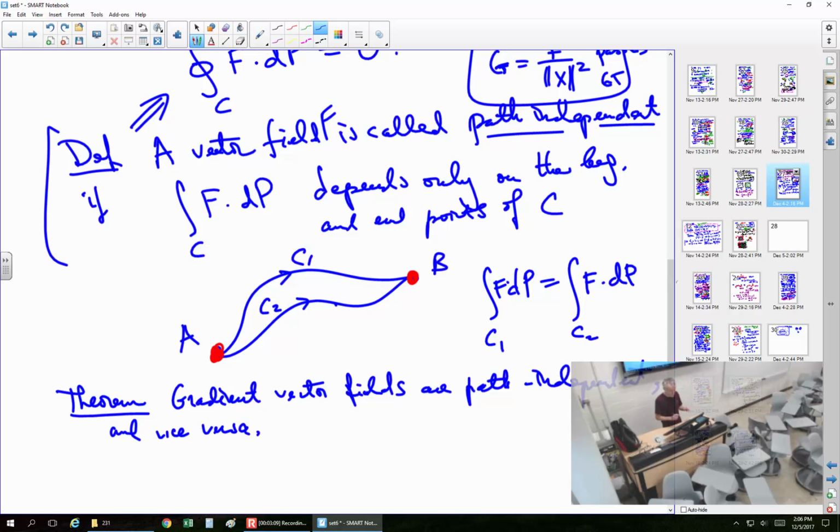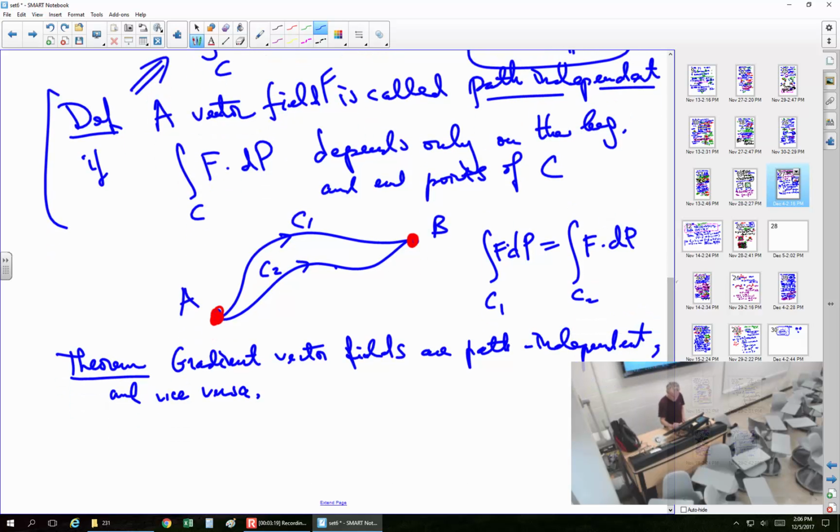So let's read it backwards: if a vector field is path independent, then it is gradient. So path independent implies gradient. That's the converse.